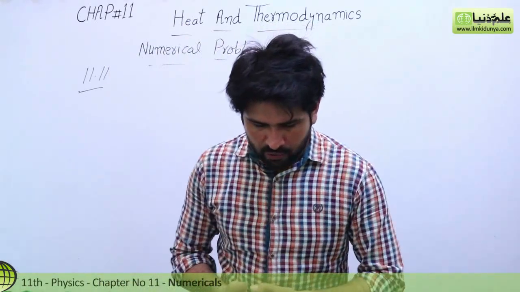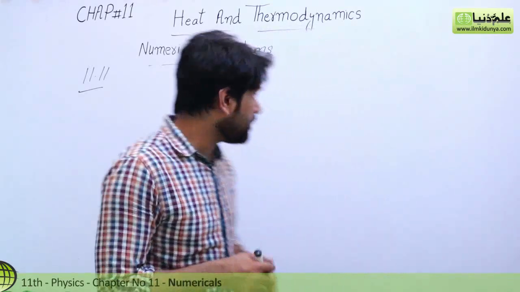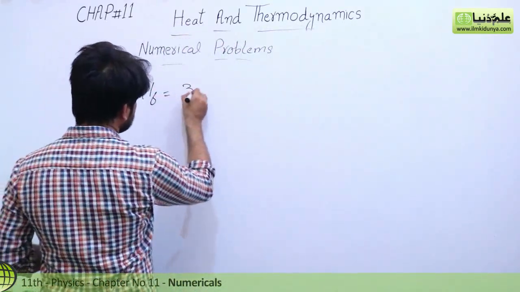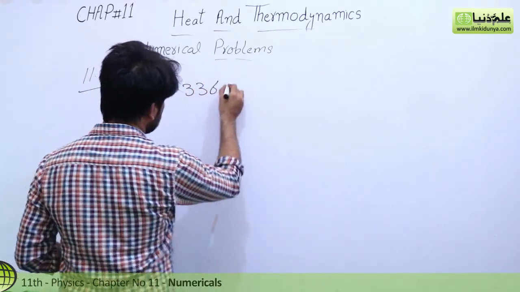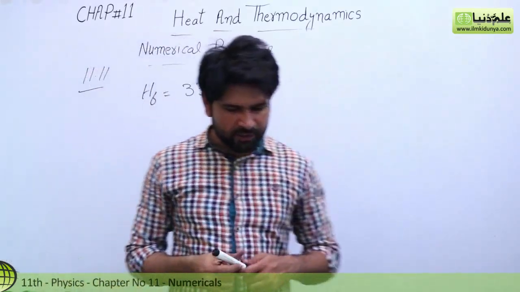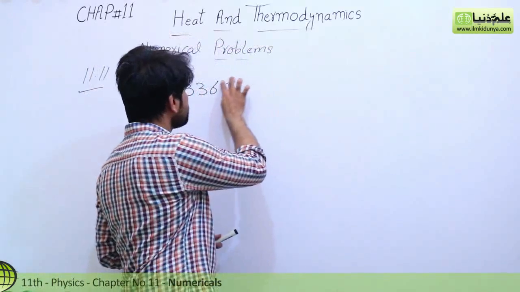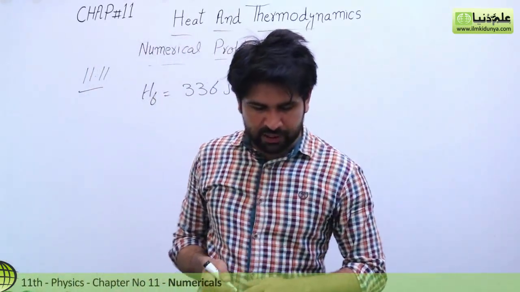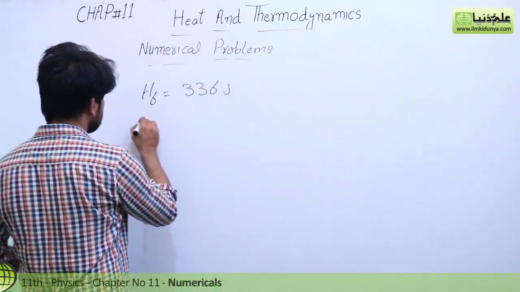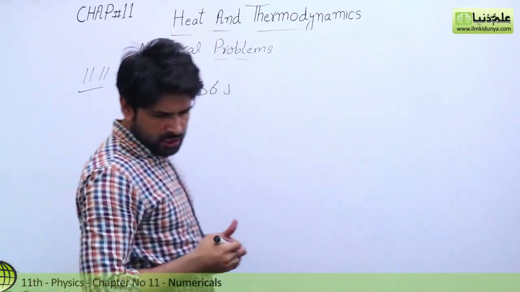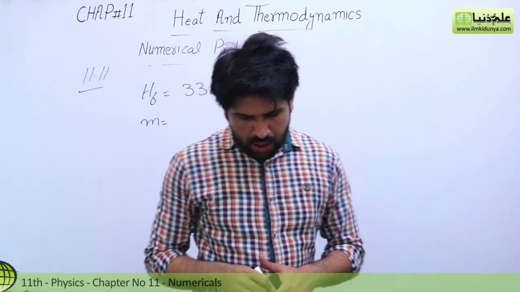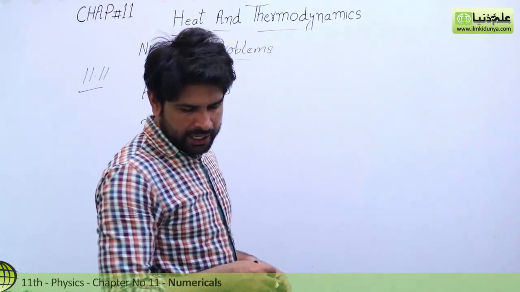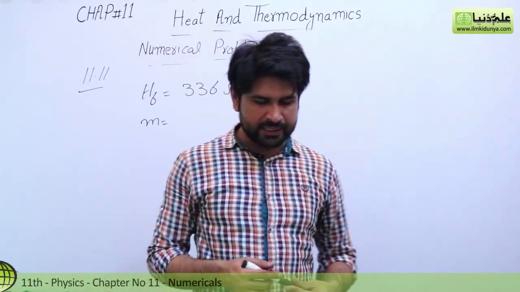We have given the latent heat of fusion, Hf, which is 336 joule, and we have given the mass of ice, which is 1 gram.